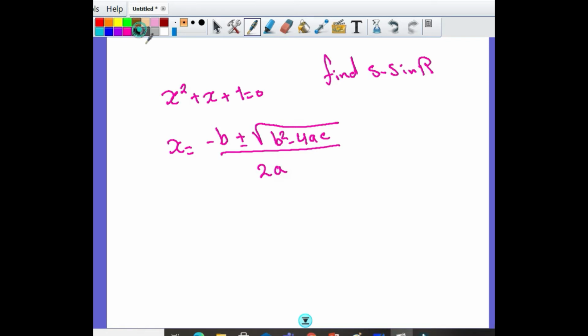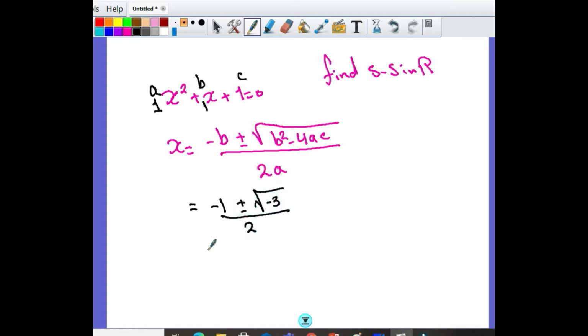Remember with me, the coefficient of x power 2 equals a. Here we didn't have a number, so it will be 1. The coefficient of x equals b equals positive 1. And the absolute term equals c. After that, by substitution, equals negative 1, positive or negative the square root of negative 3, over 2.